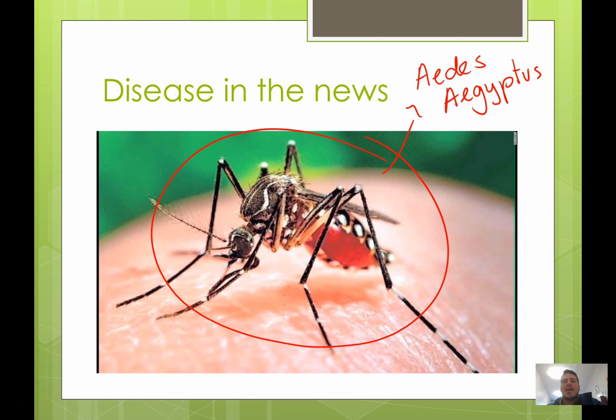I think I spelled that right. And this mosquito is endemic to Africa, but it was eventually spread to South America, and even now it's in north of Australia. This mosquito is very important because it's spreading this virus, and we're going to talk about what a virus is and how the spread of a disease such as this happens.